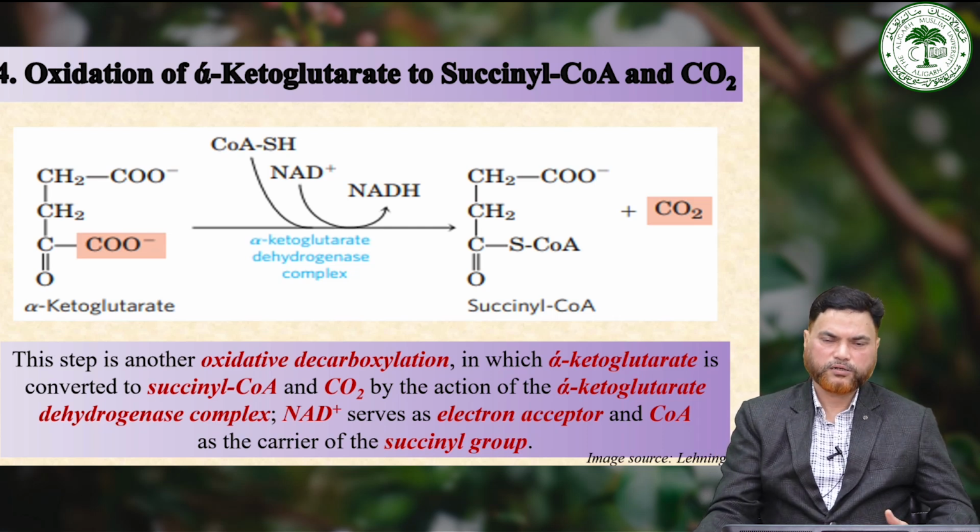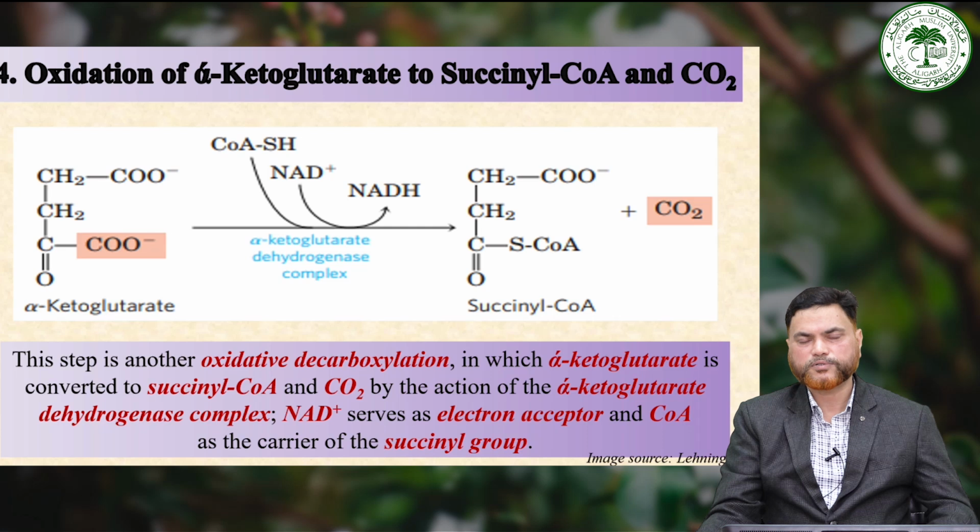So this reaction proceeds in basically 5 steps requiring 5 different coenzymes, namely thiamine pyrophosphate TPP, lipoic acid, coenzyme A, which contains a thiol group, flavin adenine dinucleotide, and nicotinamide adenine dinucleotide.